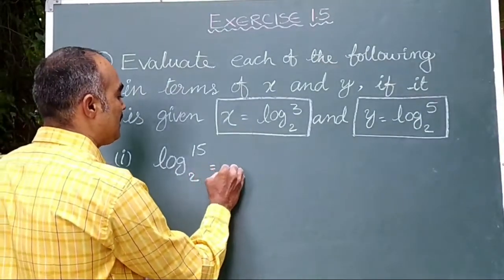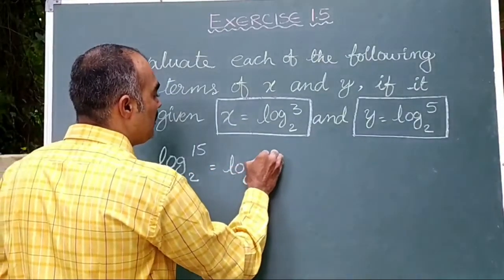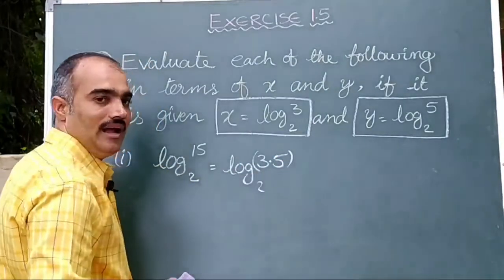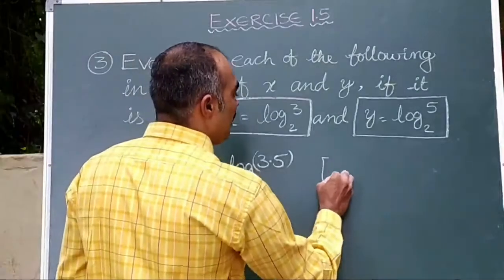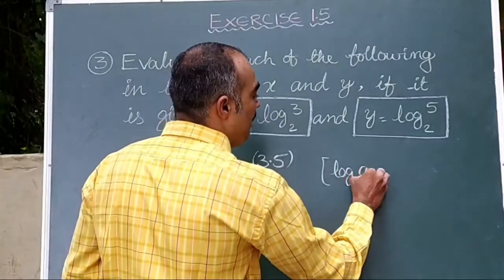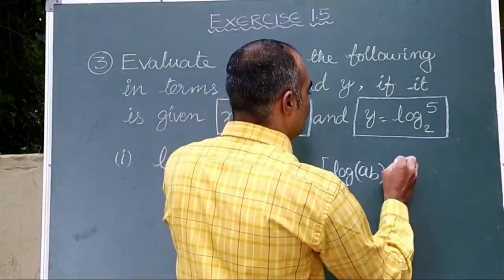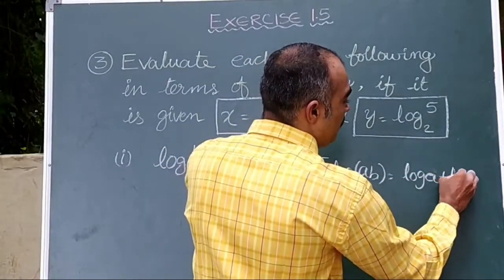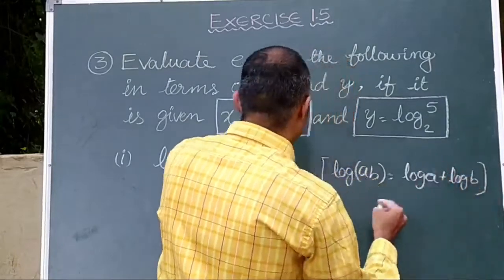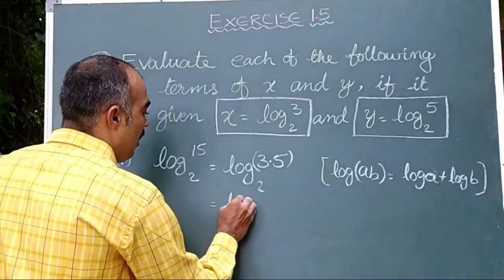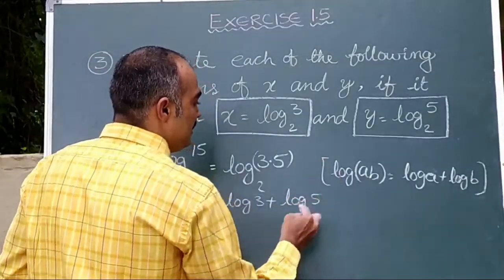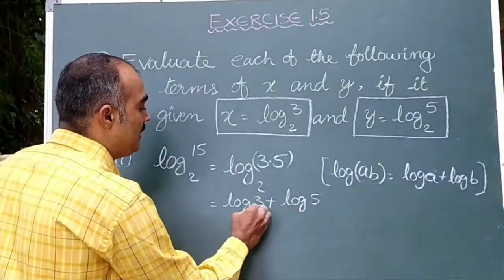So, I am writing this log 15 as log of 3 into 5 base 2. As we know the formula, log A into B can be written as log A plus log B. So, it can be written as log 3 plus log 5. Same base can be split.